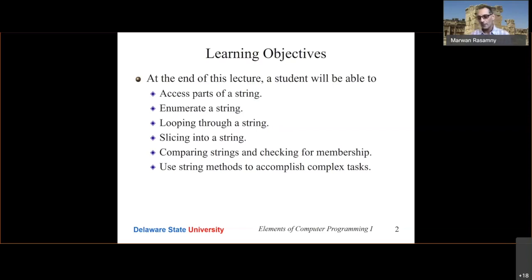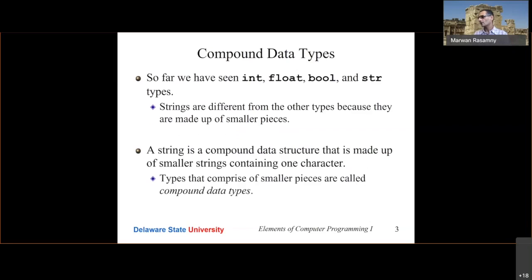We won't get too much into slicing, because once we get into sequences we're going to dive deep into it, and it could get a little confusing, but I'll clarify all that for you. Then we're going to look at comparing strings and checking for memberships, and then we'll do some exercises. Let's go pretty fast through this part, and then take our time through the good stuff.